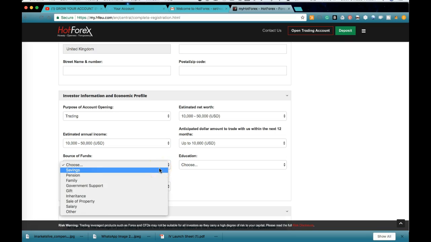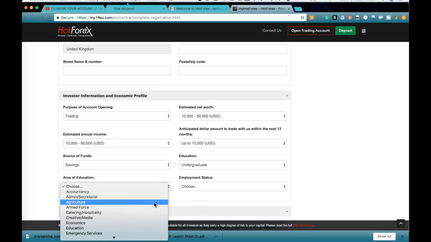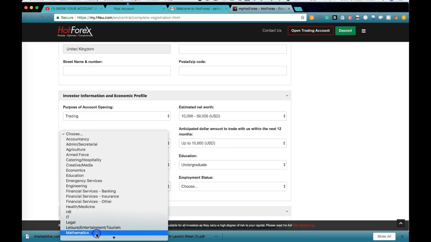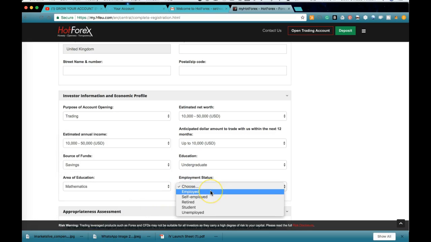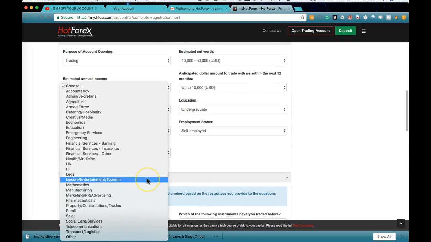Hopefully you're using savings and money that you can potentially afford to risk within the trading environment, and then the relevant education for yourself, so what you specialized in, and then employment status, and what industry that might be.